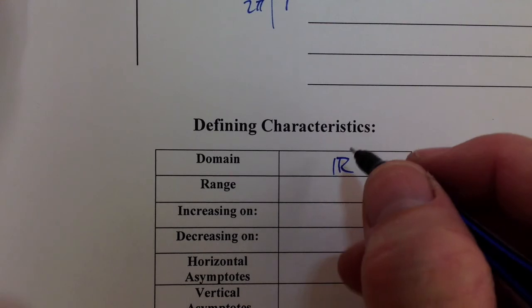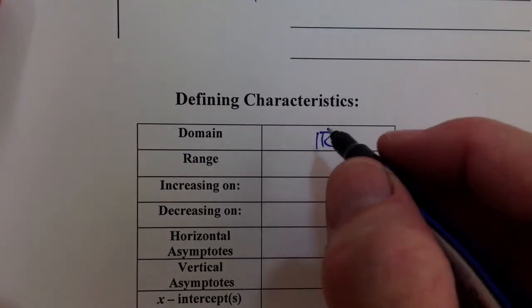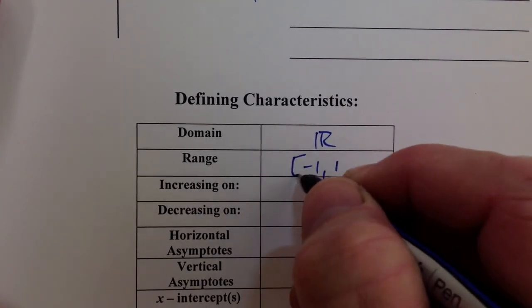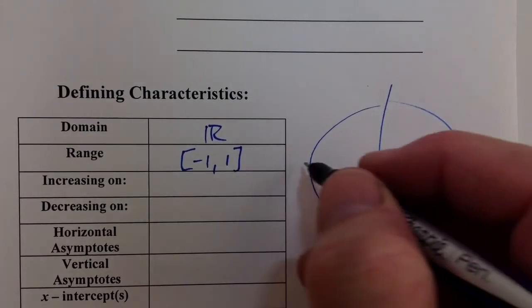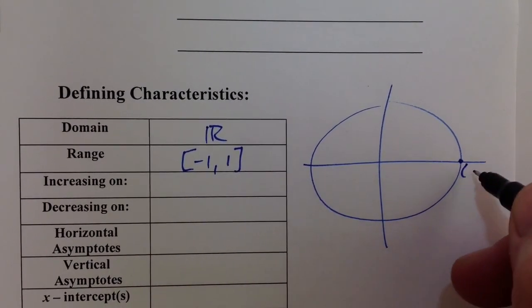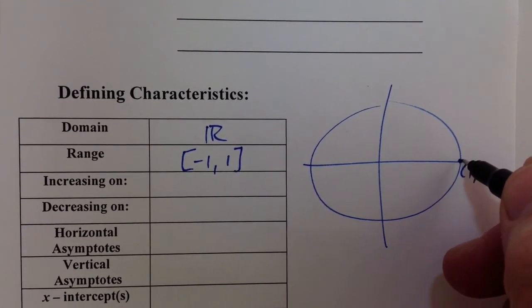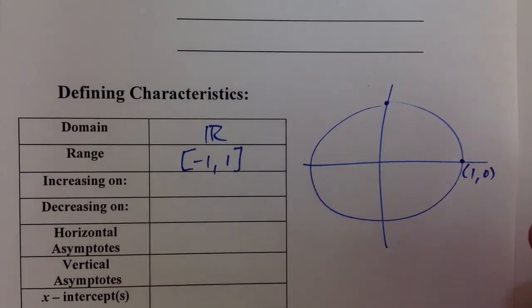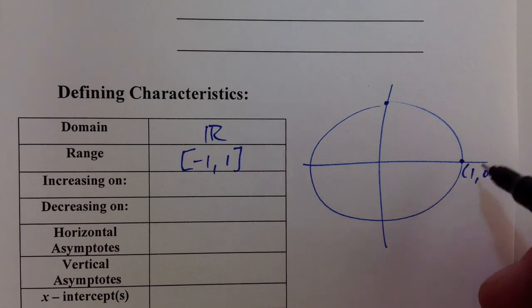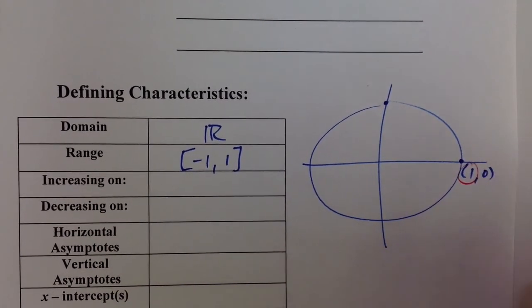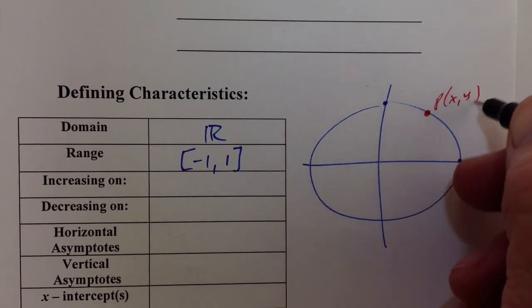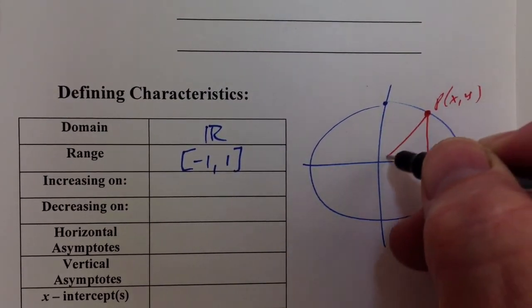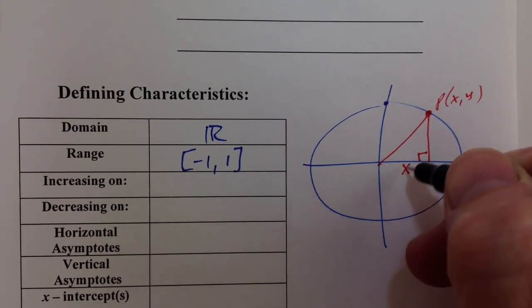We can take the cosine of any real number. For the range, just like the sine function, keep in mind that the cosine of any angle around the unit circle is equal to the x-coordinate of the point that corresponds to that angle. So we get a point right out here with coordinates x, y, and we know that cosine is x over 1.